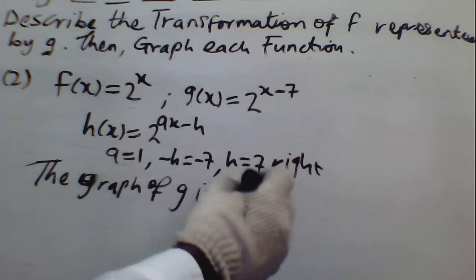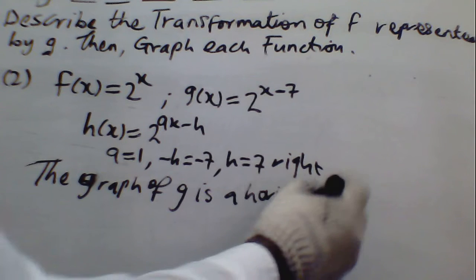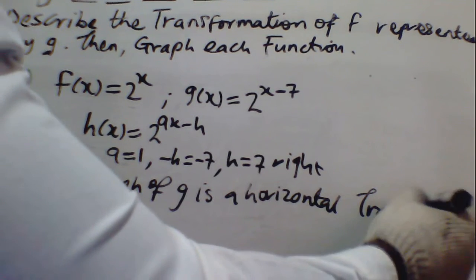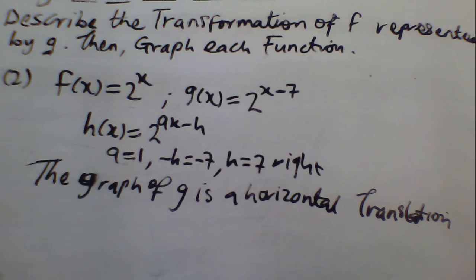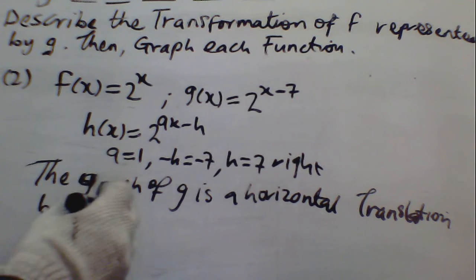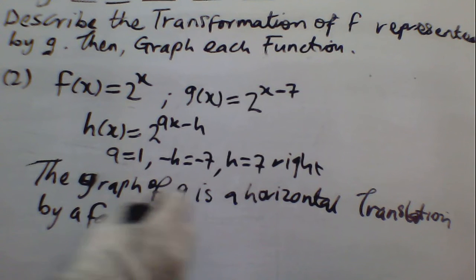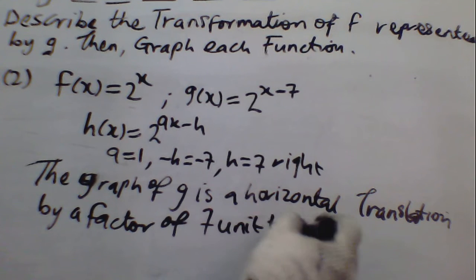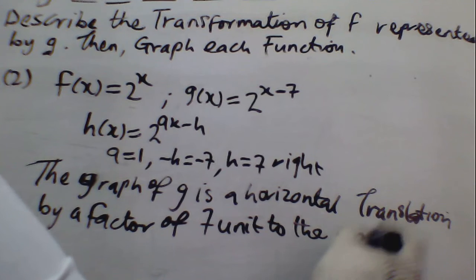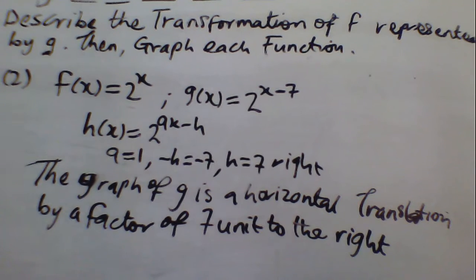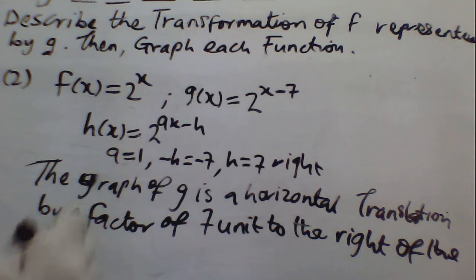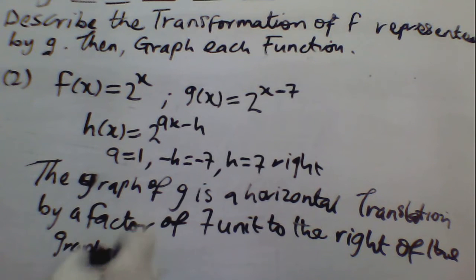It's a horizontal translation by a factor of 7 units to the right of what? Of the graph of f.